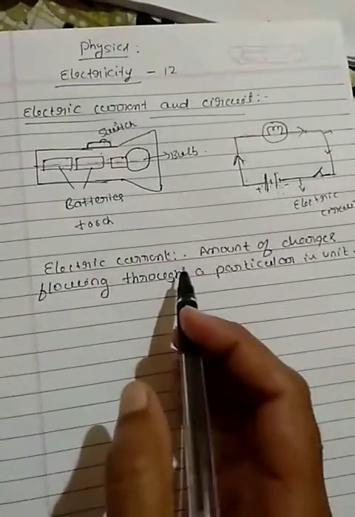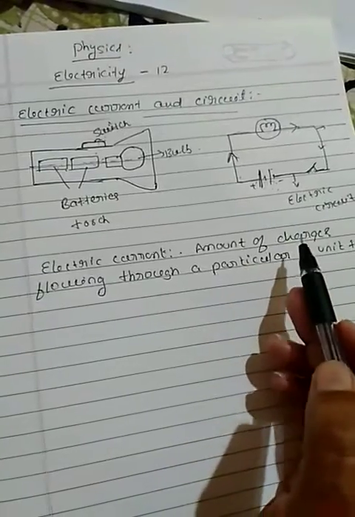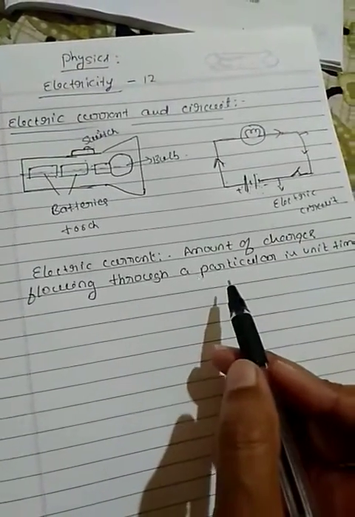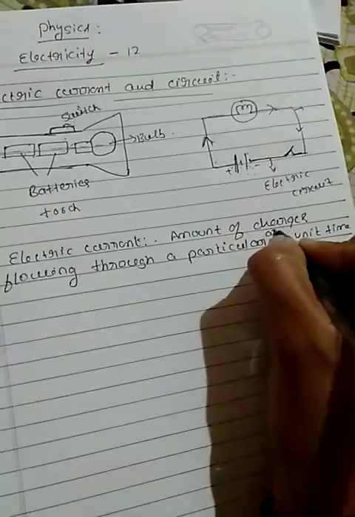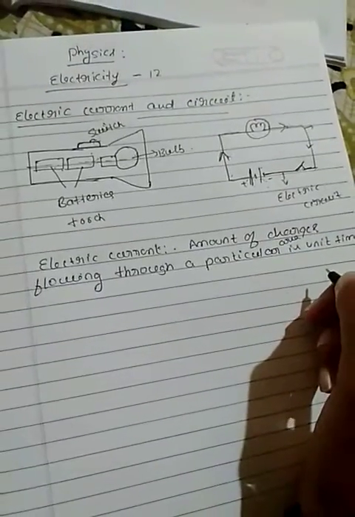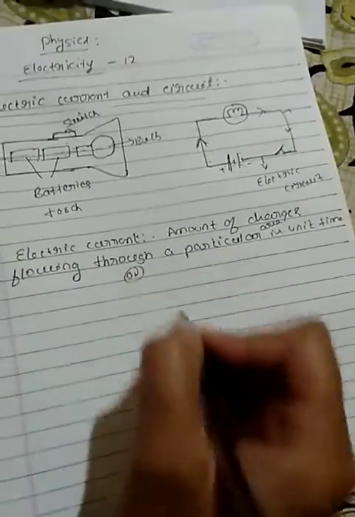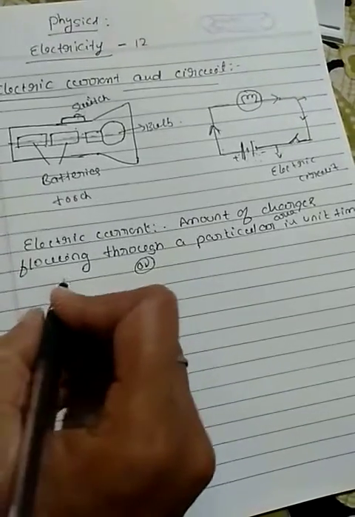Electric current is defined as the amount of charges flowing through a particular area in unit time. In other words, we can define it as the rate of flow of electric charges.